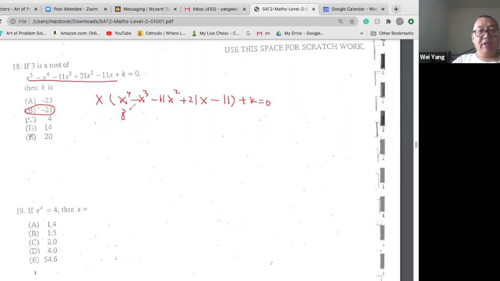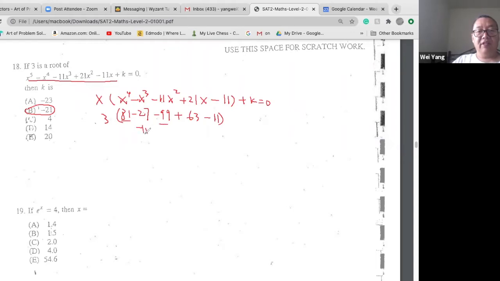Now let's see. This one will be 81 minus 27 minus 99, then plus 63 minus 11. This one times 3. Now let's do this one. 81 minus 99 gives you negative 18, right?